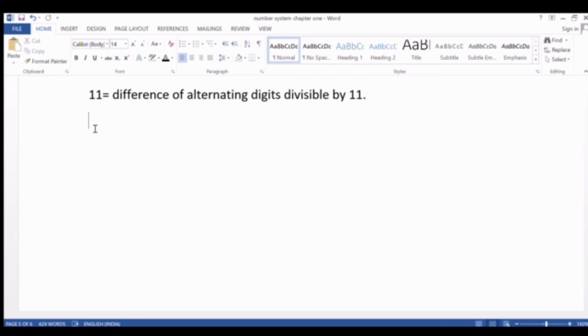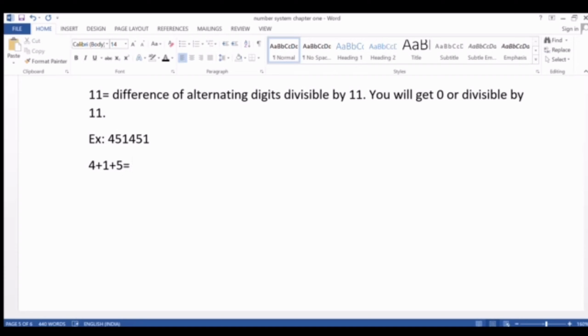The 11 divisibility rule is: the difference of alternating digits is divisible by 11. If you take the difference, you will get 0 or something divisible by 11. For example, we can see here the value 451.